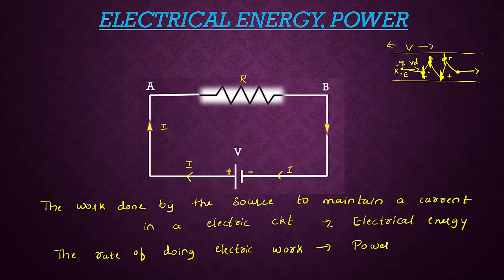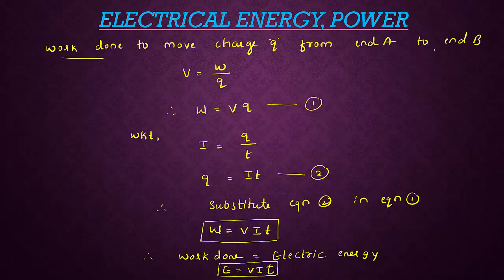These positive ions start to vibrate. Because of their vibration, a certain amount of heat energy is released. So the conductor is heating. That means we got this equation E equal to VIT. You can observe the equation: E equal to VIT.